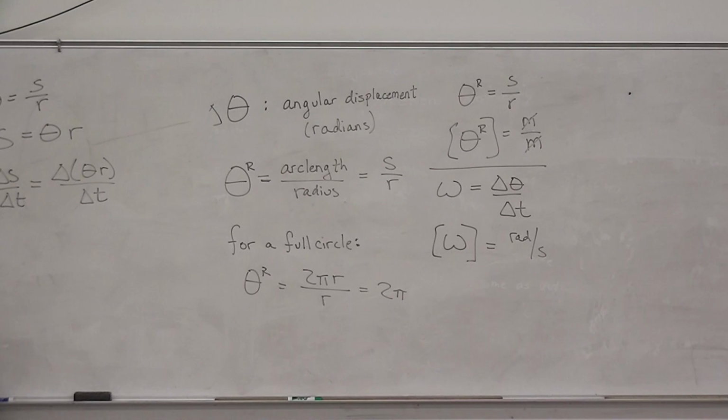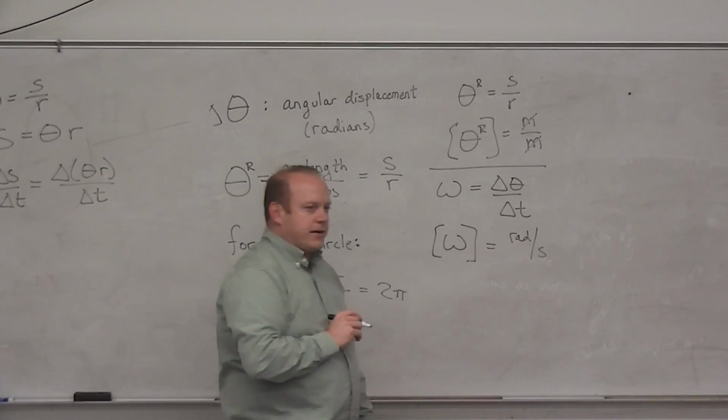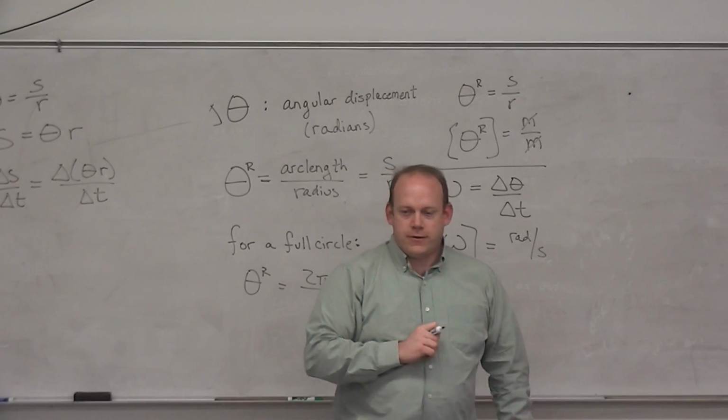Now, we assume R to be a constant. It's not always a very good supposition, but for our purposes, it will be. So R we can pull out. What I'm left with here, what's delta S over delta T? That's a change in location with respect to time. What do we call that? Velocity.